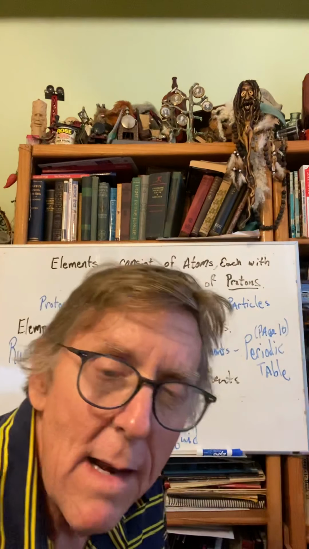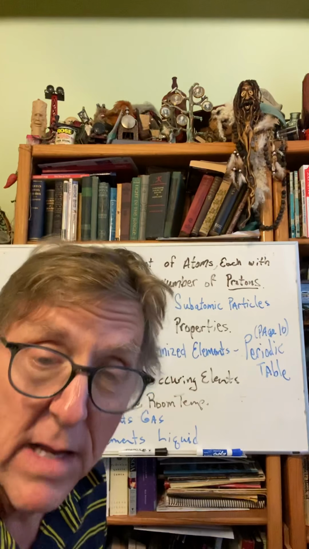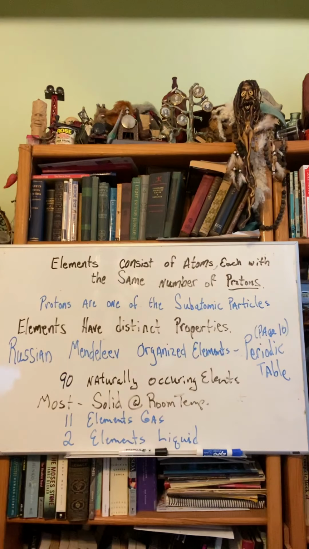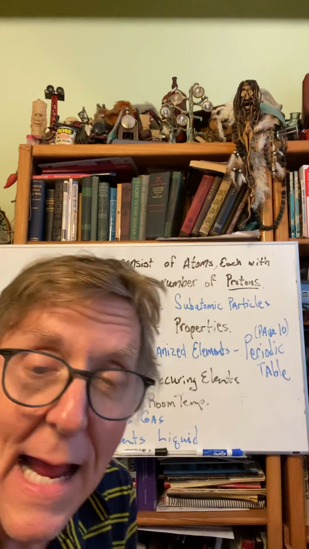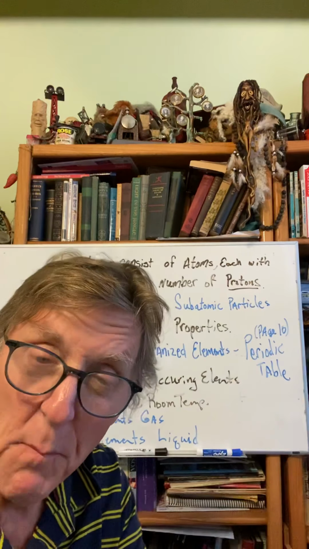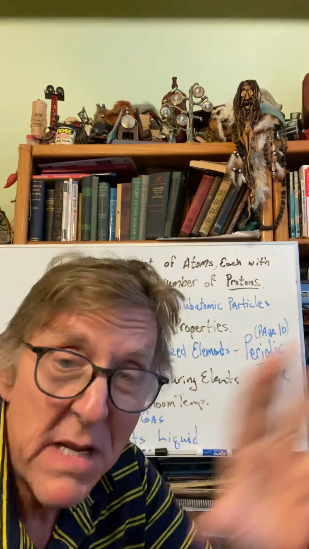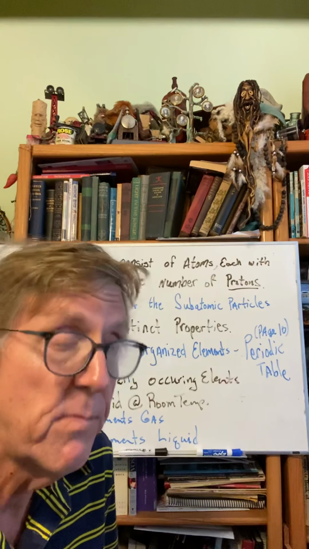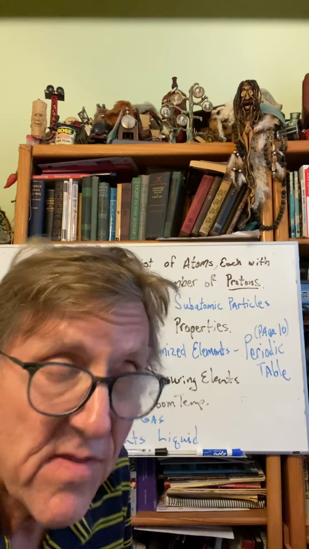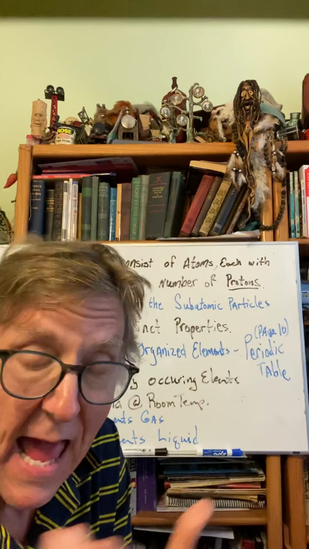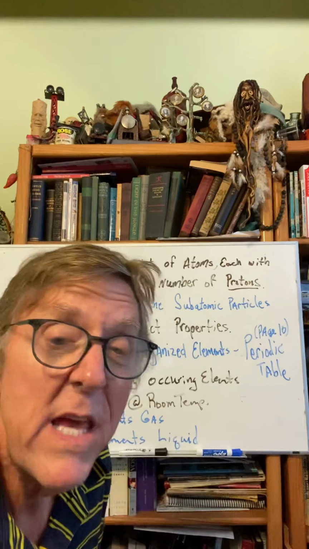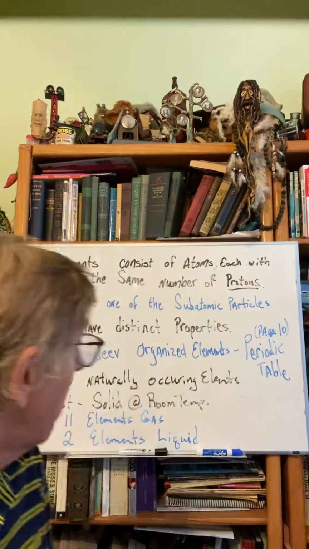In the 1800s, there was this Russian guy, Mendeleev, and people were trying to figure out, okay, we have all of these different materials out here, matter, anything that takes up space and has mass. How do we organize this? How do we understand the world around us?